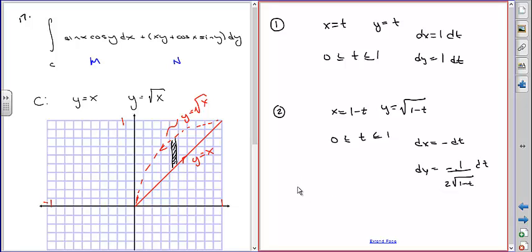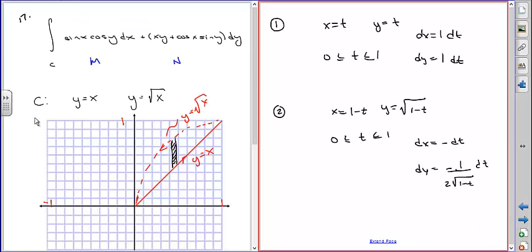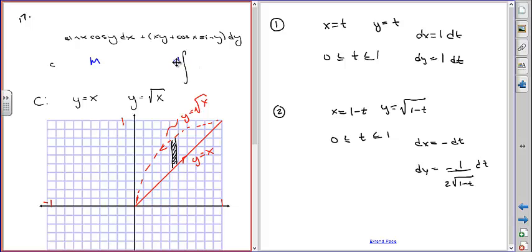And then you would plug that in. Yeah, this is looking grim to us right now. So if you plugged in, let me copy this equation over.